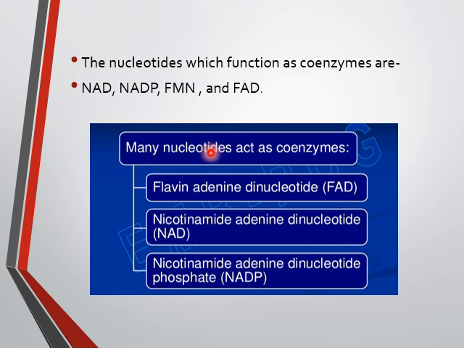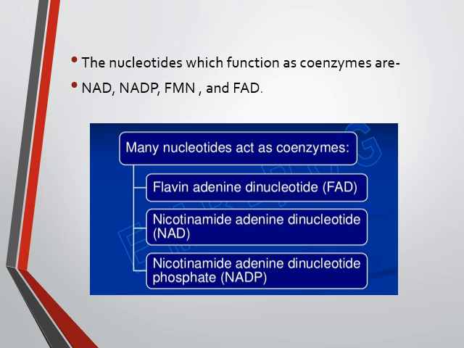So what are the full forms of these coenzymes? That is flavin adenine dinucleotide, then nicotinamide adenine dinucleotide, nicotinamide adenine dinucleotide phosphate, which function as coenzymes and they give energy to the metabolic reactions. So what are nucleotides and what are nucleosides?